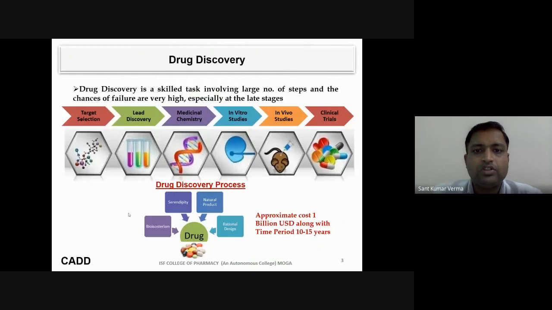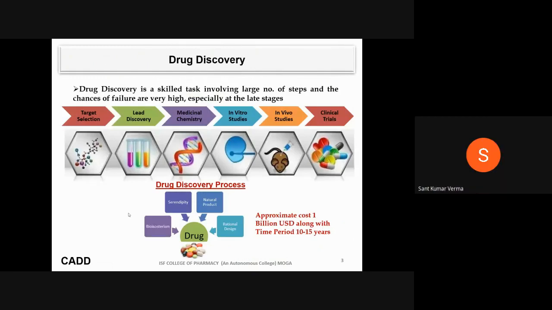The drug discovery process includes target selection, identification of an appropriate target for a particular ailment, particular disease, and then lead discovery, which may be from natural sources, as serendipity, or as a bioisosteric modification of an existing drug.